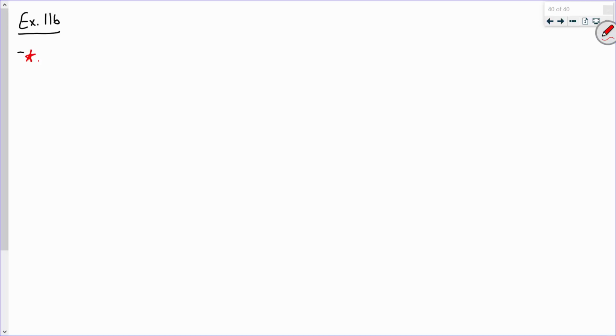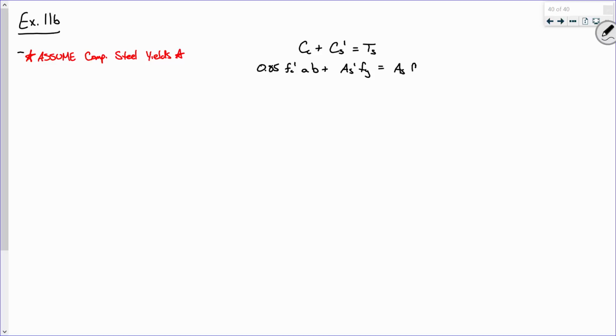We're going to assume the compression steel yields. So we still have the same base equation: C sub C plus C S prime equals T S. So that's 0.85 f c prime a b plus A S prime f y, and then that has to equal A S f y.